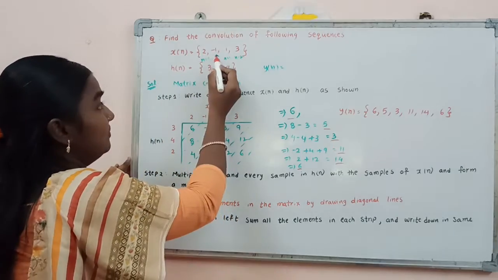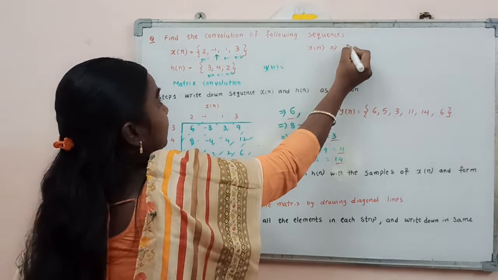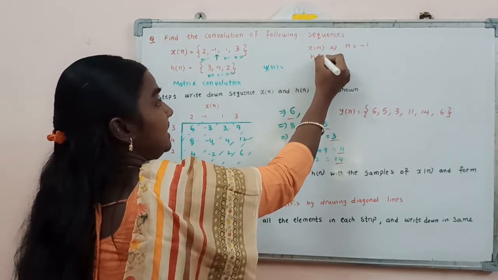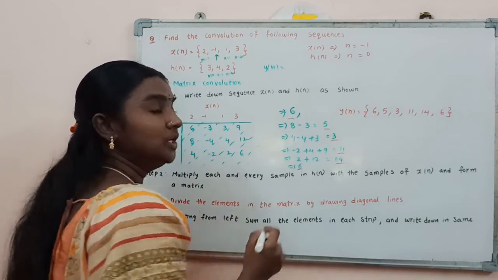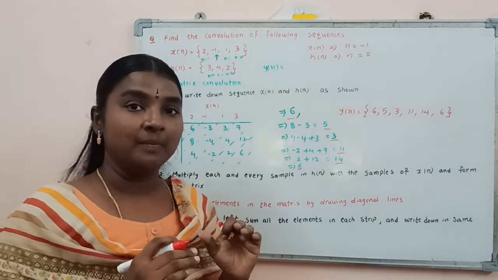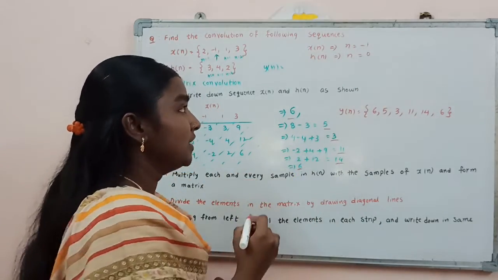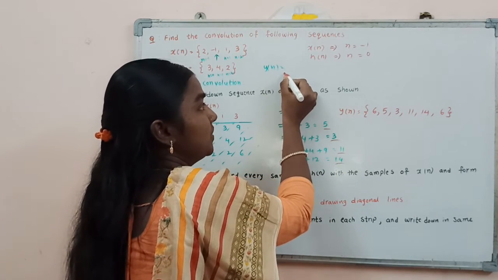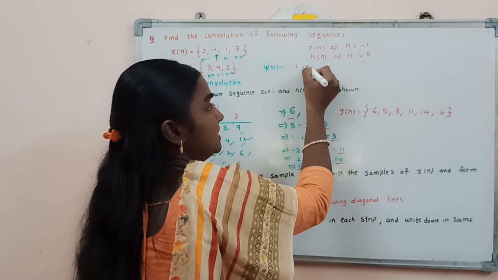Here x of n starts at the time instant n equal to -1, and h of n starts at the time instant n equal to 0. By considering these time instances, the output y of n sequence is going to start at -1 plus 0.